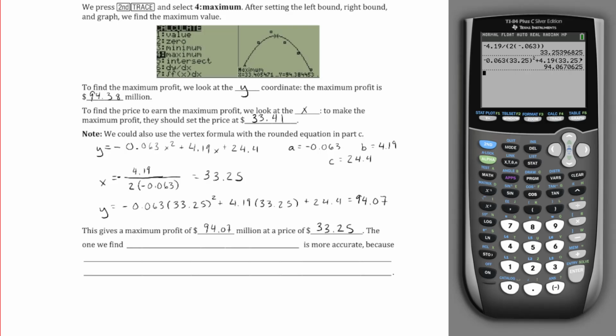But the one we find with the maximum function is a little bit more accurate because we didn't use rounded numbers.